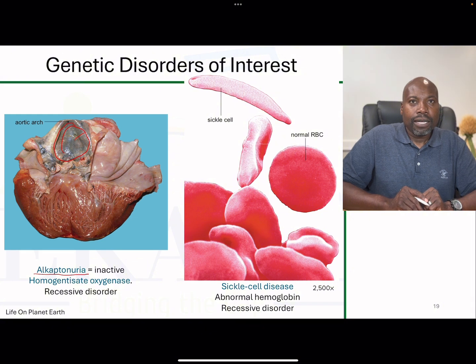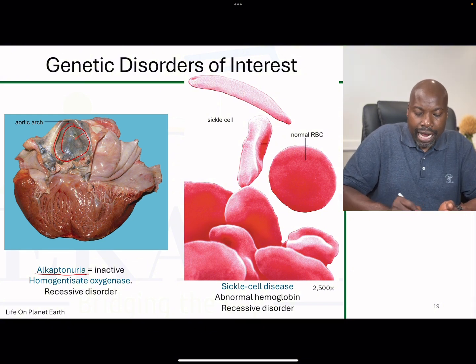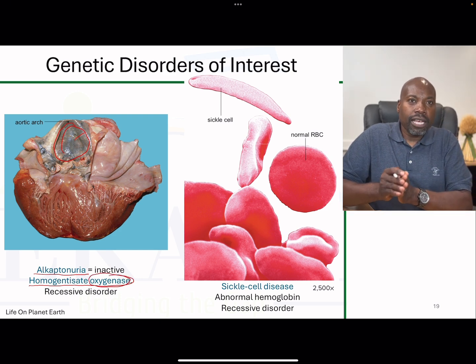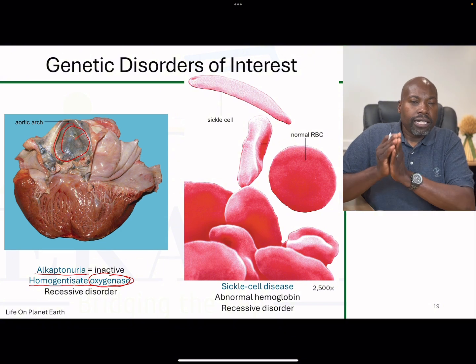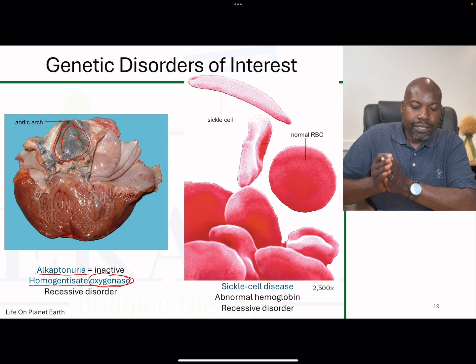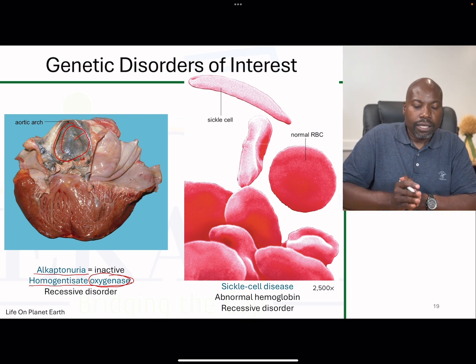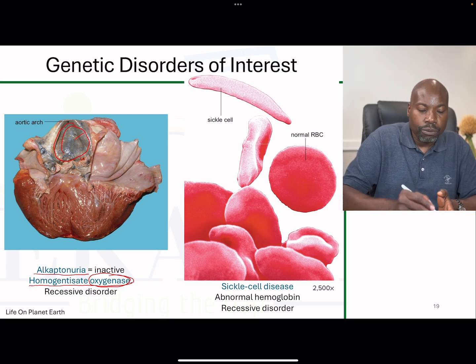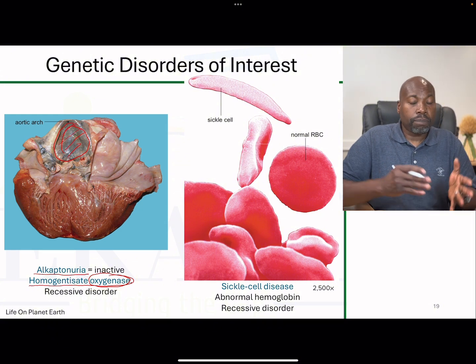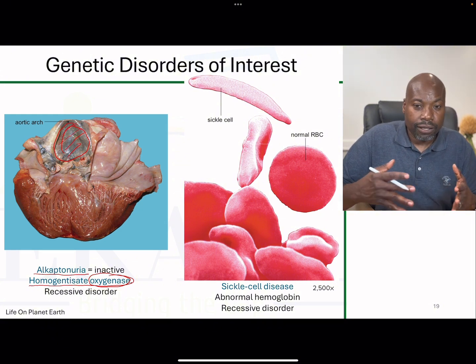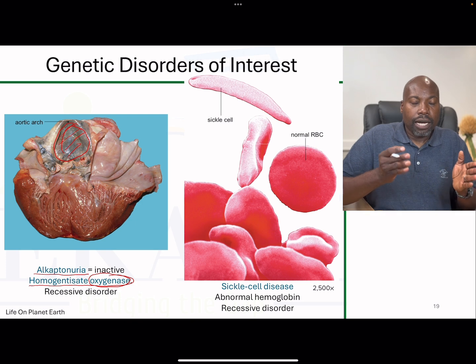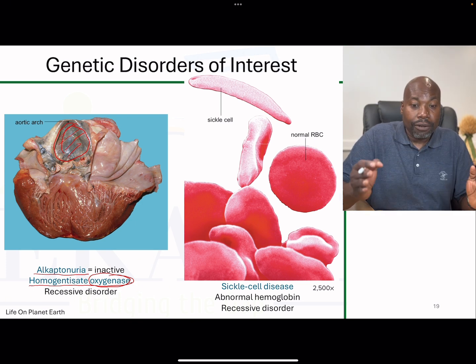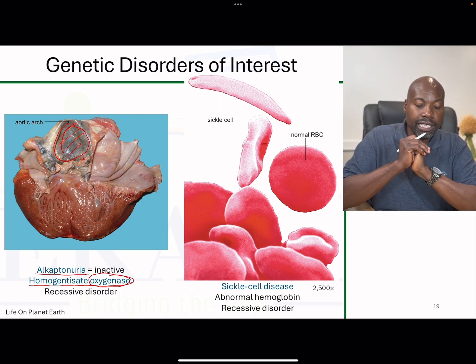The enzyme that is not present is homogentisate oxygenase. The absence of it is causing the accumulation of this dark product, while that product should be broken down in the normal individual.